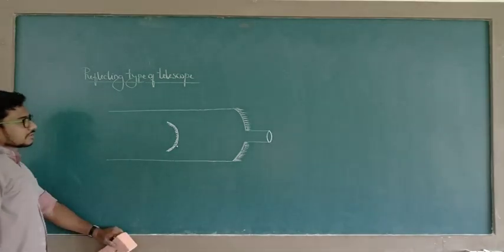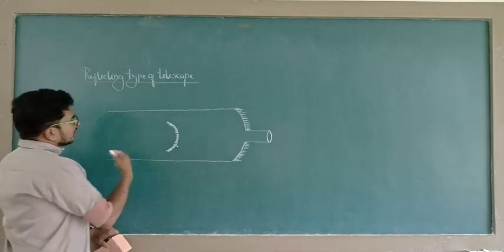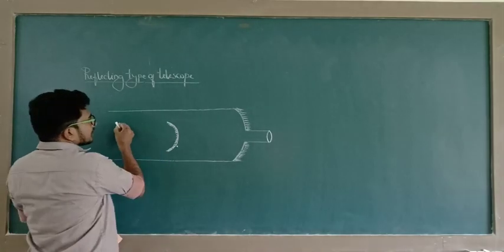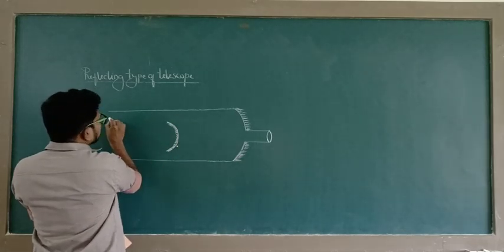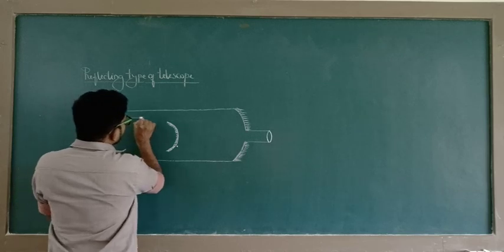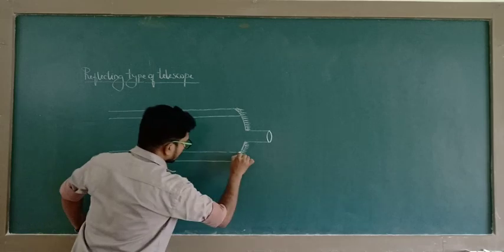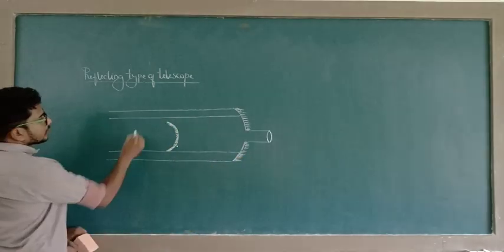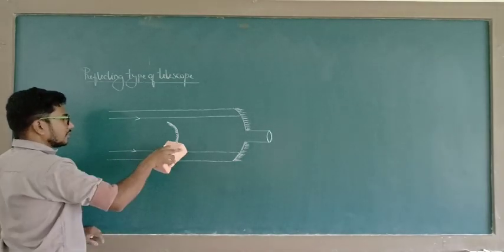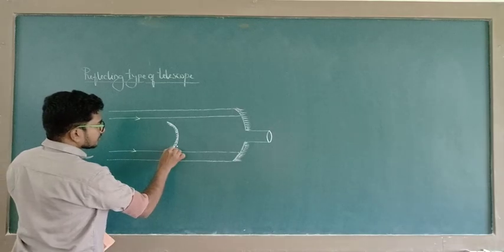So let us consider the rays from the object which lies at infinity. Infinity means here light rays are parallel with each other. So here these two light rays are parallel with each other. That means our object lies at infinite distance.